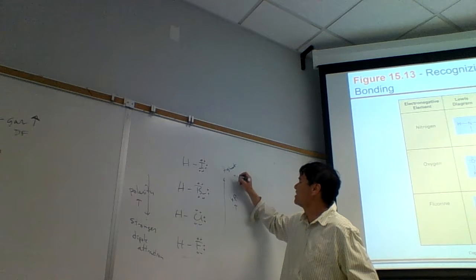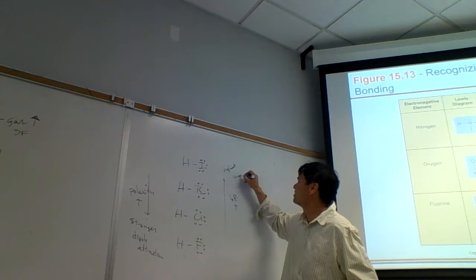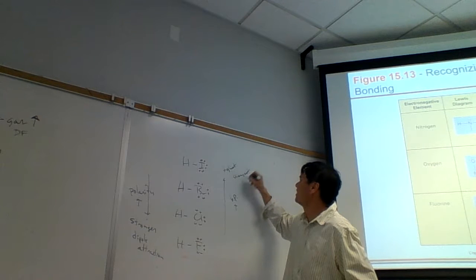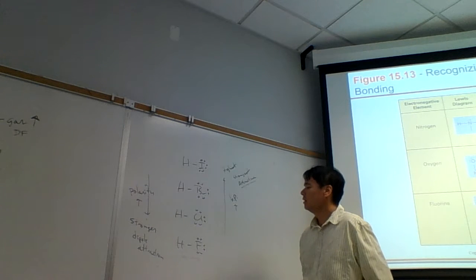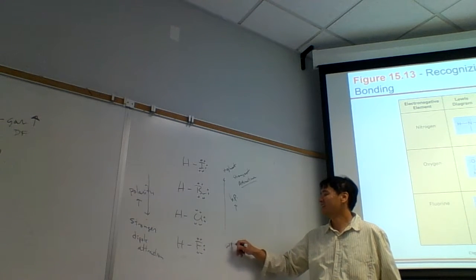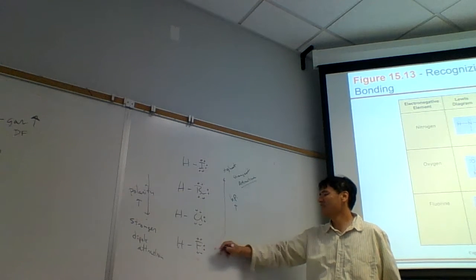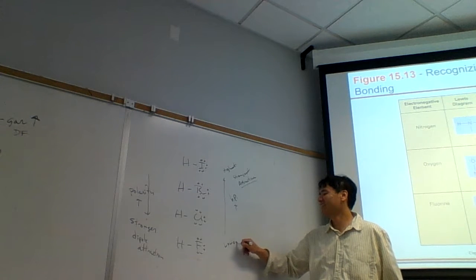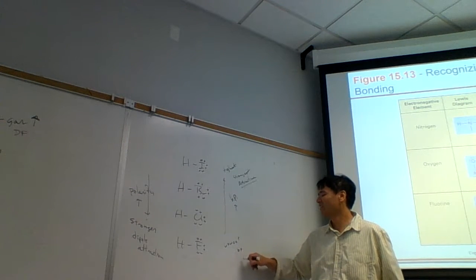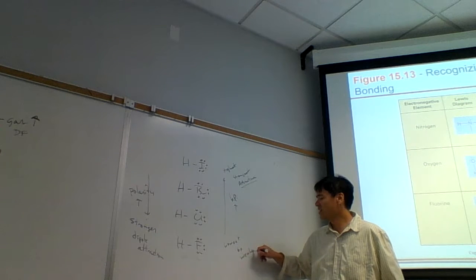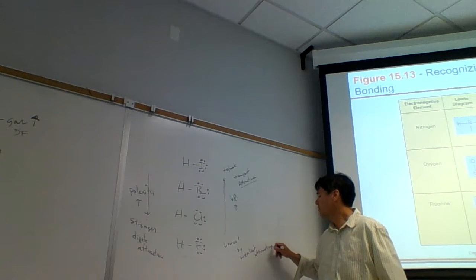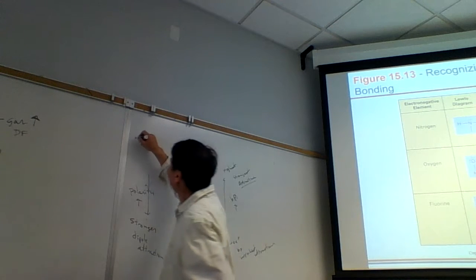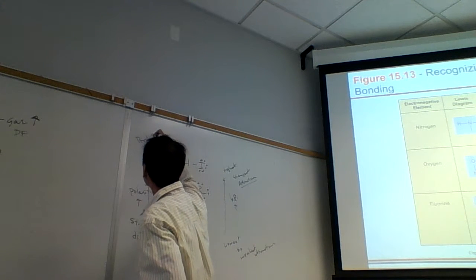That means HI has the strongest attractions holding the molecules together. And then HF will have the weakest, because it has the lowest boiling point. This is what we predict, and this is what's observed.